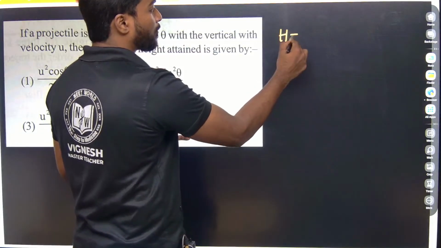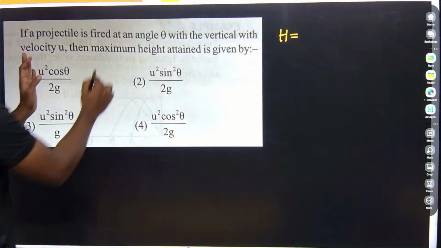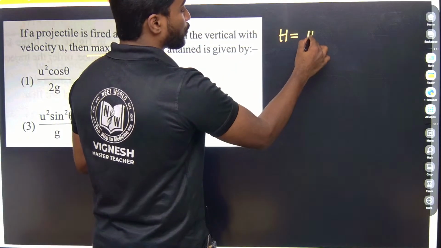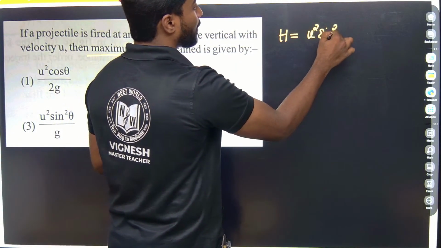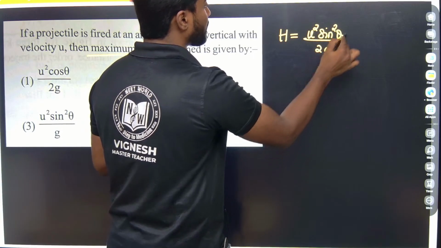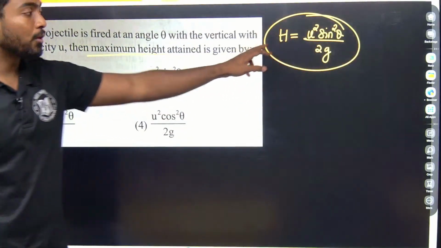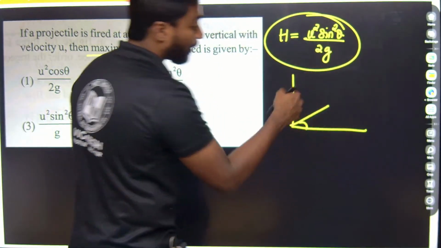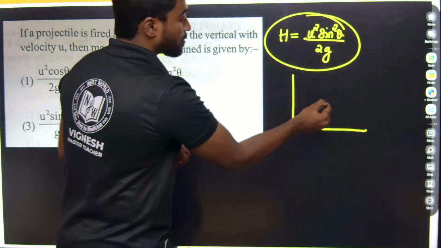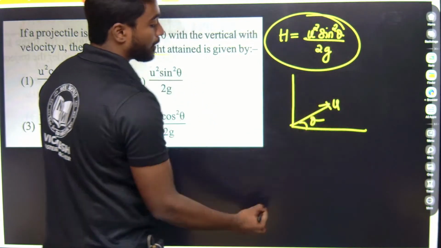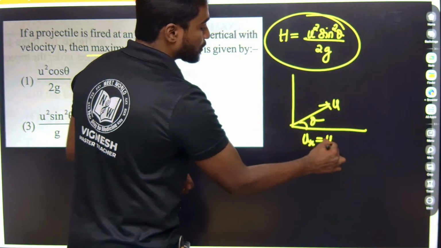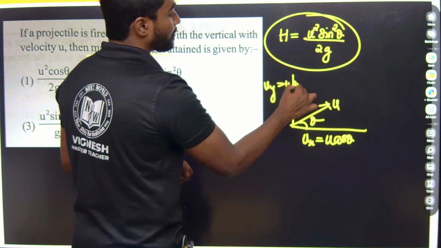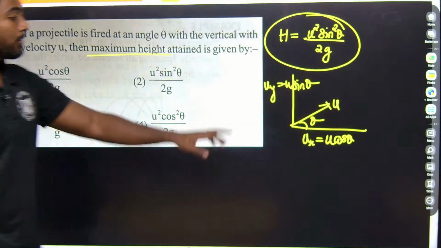Let me write that formula for the height first. The formula is u square sin square theta by 2g. This is the formula when we have taken the angle with respect to horizontal. This is my u, this is my angle theta. So ux will be equal to u cos theta, whereas uy will be equal to u sin theta.